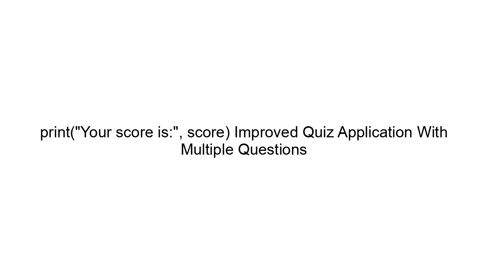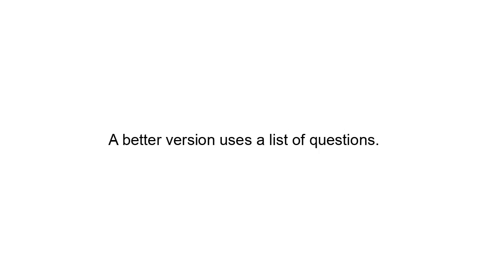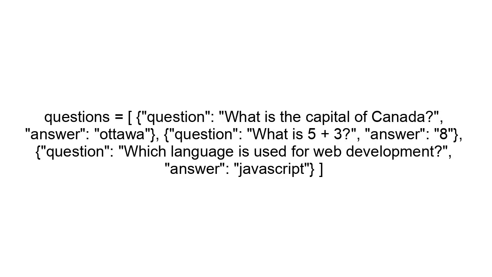Improved quiz application with multiple questions. A better version uses a list of questions. Questions = question: "What is the capital of Canada?", answer: "Ottawa"; question: "What is 5 plus 3?", answer: "8"; question: "Which language is used for web development?", answer: "JavaScript". Score = 0.